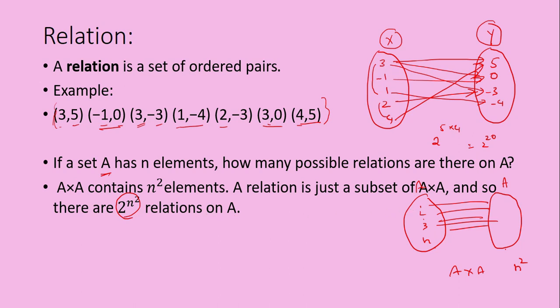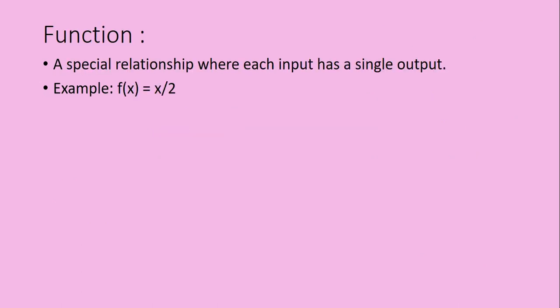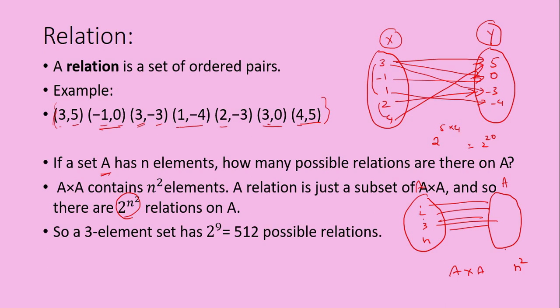Now we will see the definition of function. A function is a special case of relation. The definition of relation will turn into a definition of function under a condition. The condition is here. Look at this definition of a relation.